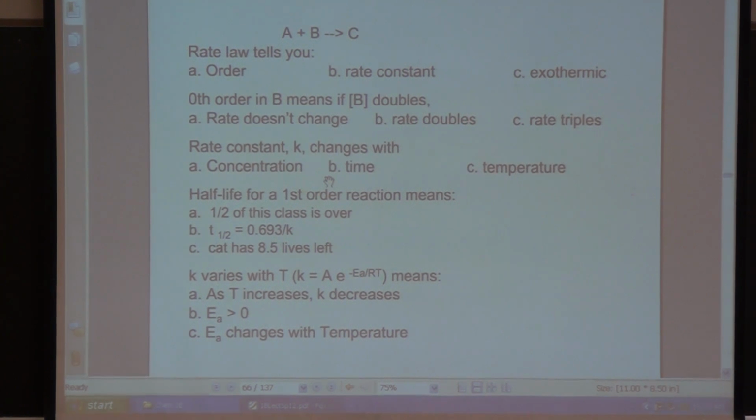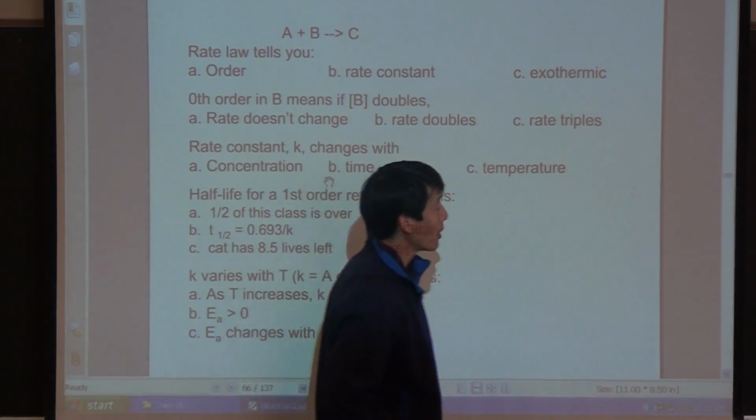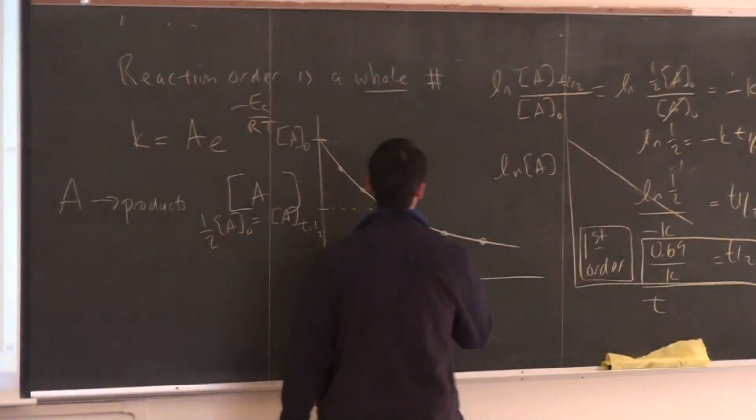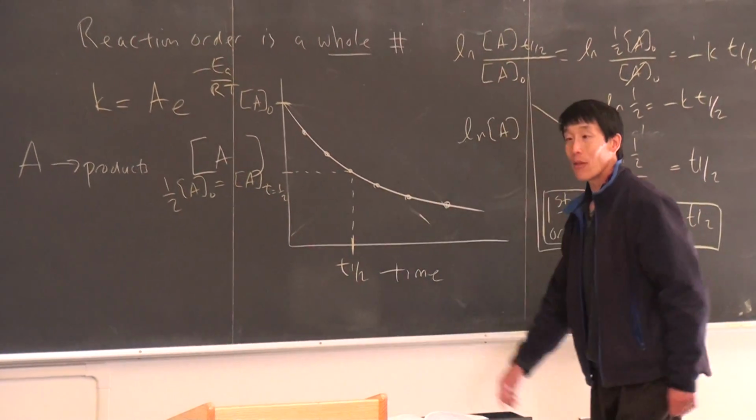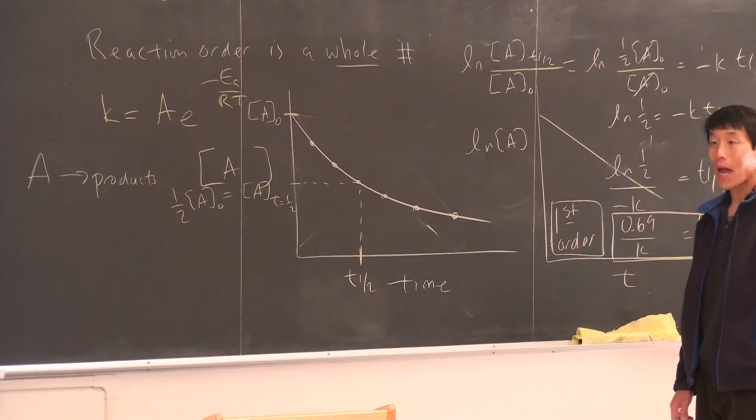If we go back to this equation, the rate is equal to the change in concentration of A with respect to T. On this concentration versus time graph, how can we represent rate?